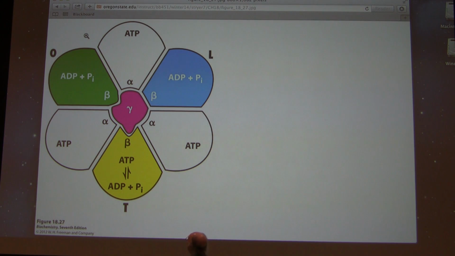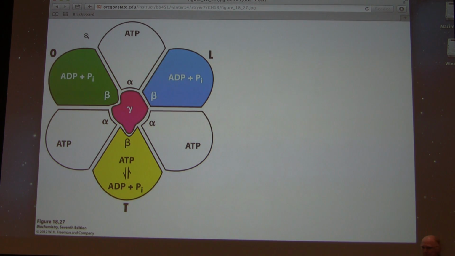I have 3 identical pairs of units, an alpha and a beta, an alpha and a beta, and an alpha and a beta. You'll notice they're colored a little bit differently, and that's because depending upon which direction the gamma is pointing, it determines a slight change in the shape of the beta unit.